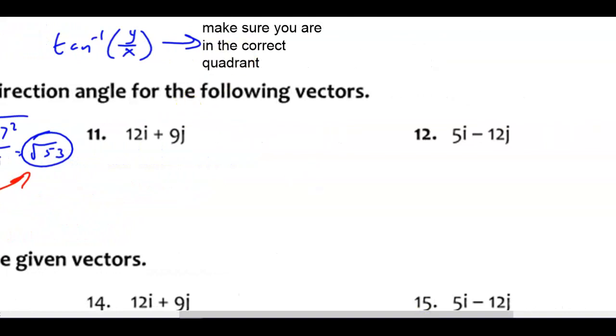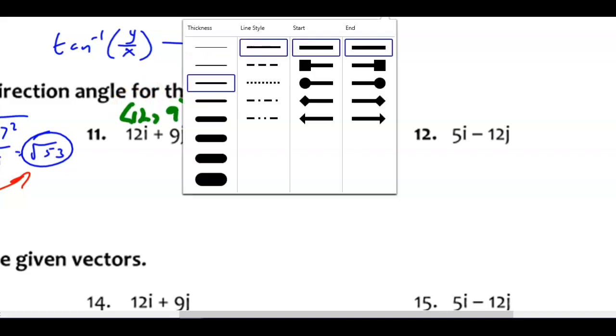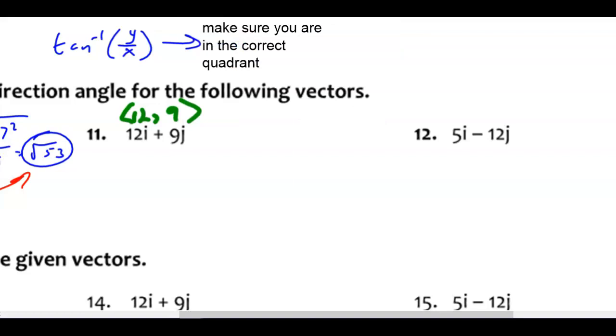Let's try this one. 12 and 9. All right. So, first of all, magnitude. Magnitude, again, I'll call this one V this time. So we have the square root of 12 squared plus 9 squared.